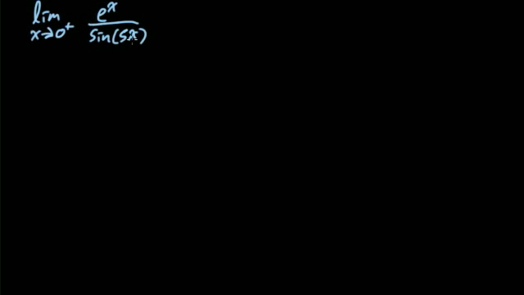The first thing, and this is probably the first thing that I should have been saying in past final review problems when we've had limits, is that the very first thing you should think about when you see a limit problem is checking to see if we have one of our indeterminate forms.